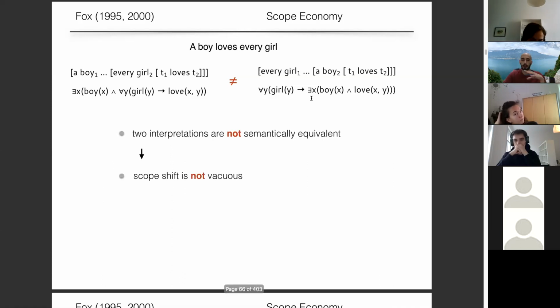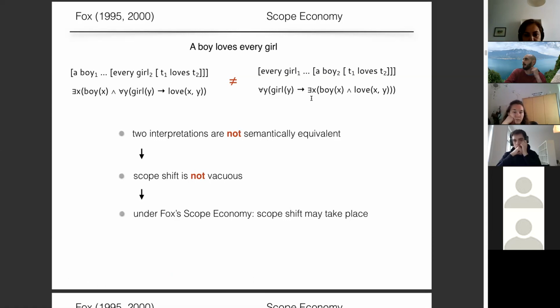Therefore, Danny Fox predicts that scope shift is not vacuous because it gives you a semantic effect. Therefore, it might take place.